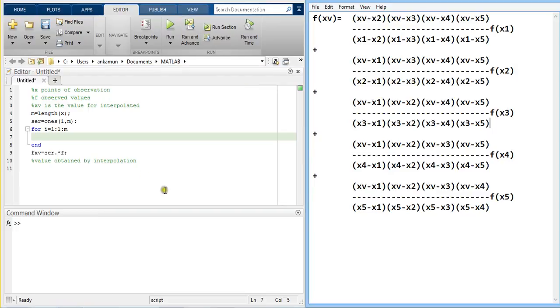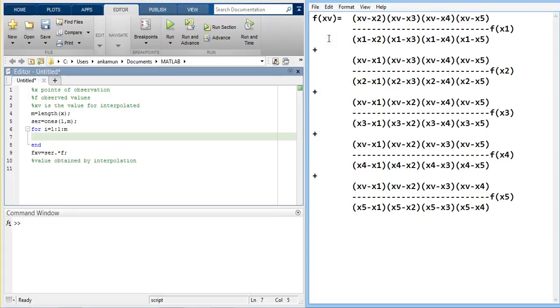Here on the left side of the screen you can see the editor window, and x I have defined as a variable which stores the point of observation. F is the array for observed values. xv is the value at which we have to find the value of f, and for this we will use interpolation.